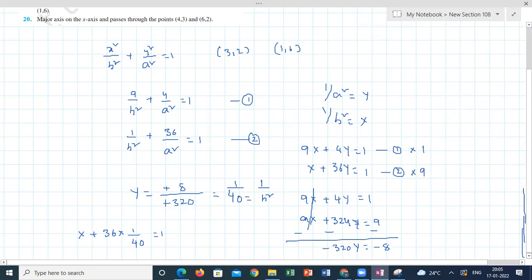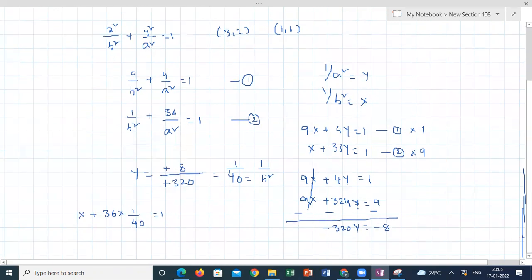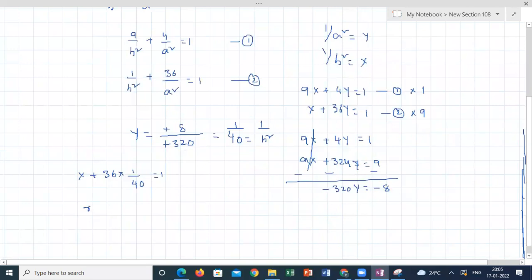So what is the x value? x is equal to 1 minus 36 by 40, which is 4 by 40, 1 by 10.